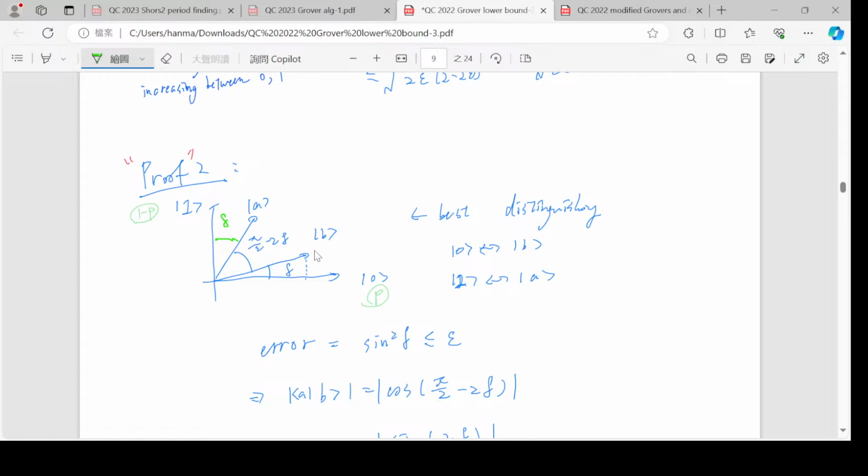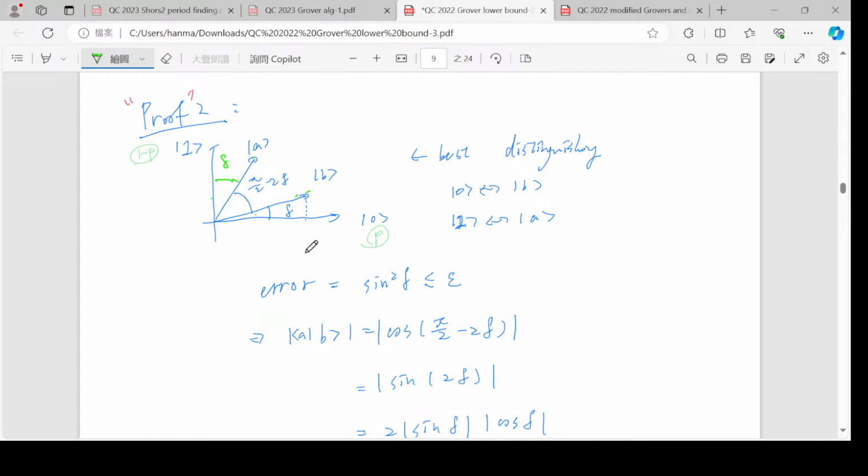The error probability is you input B but you get 1, or you input A and you get 0. And the probability here is the projection of B on 1, so that's the sine square of this delta. So the error is sine square delta, and as it says, the error probability should be less than or about epsilon.